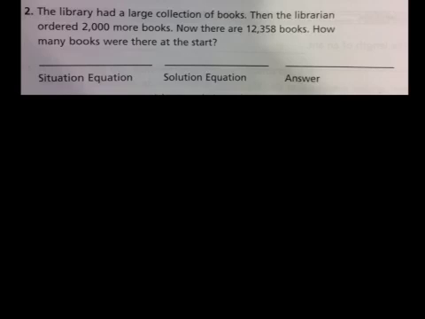Number 2 says the library had a large collection of books. Then the librarian ordered 2,000 more books. Now there are 12,348 books. How many books were there at the start? In other words, we don't know how many books there were at the start. Then the library ordered more books.